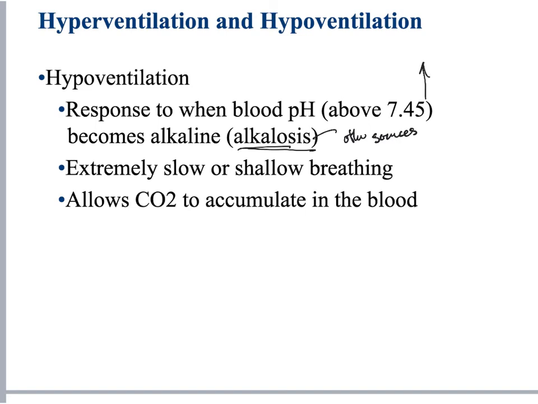You slow down breathing and help to conserve and store CO2, and this causes more hydrogen ions to be present, and then you end up causing the blood to come back down to between 7.35 and 7.45.